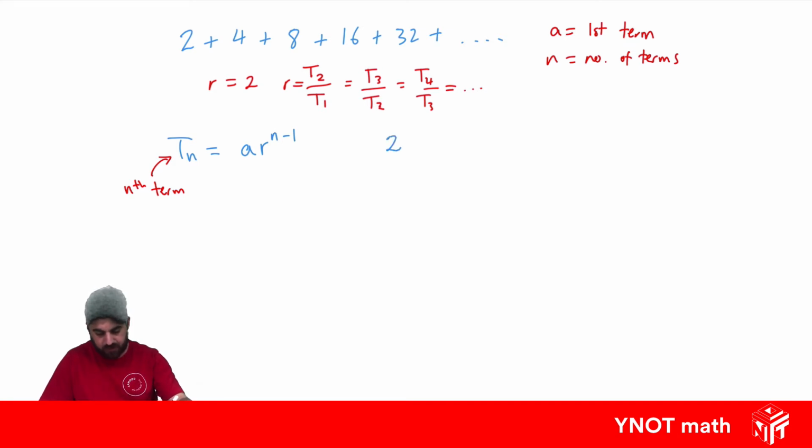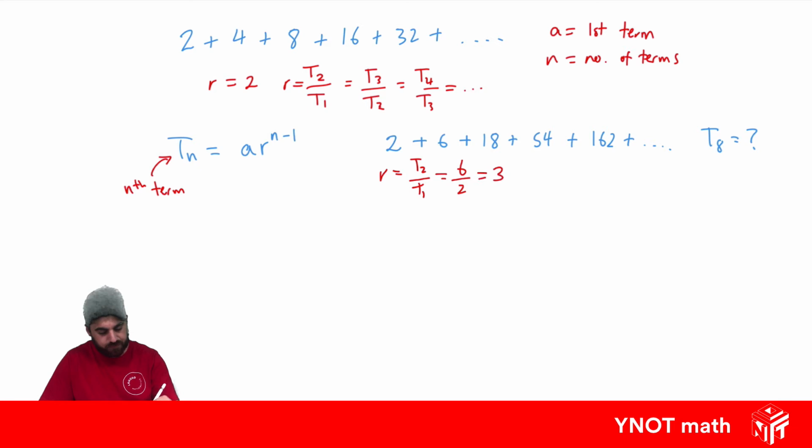So let's look at the series 2 plus 6 plus 18 plus 54 plus 162 and so forth. And we're after the 8th term. Well, here we recognize that we do have a geometric series because we're multiplying by 3 each time. And if you didn't see that, you could get the common ratio by taking the second term and dividing it by the first term, which is 6 over 2, which is 3.